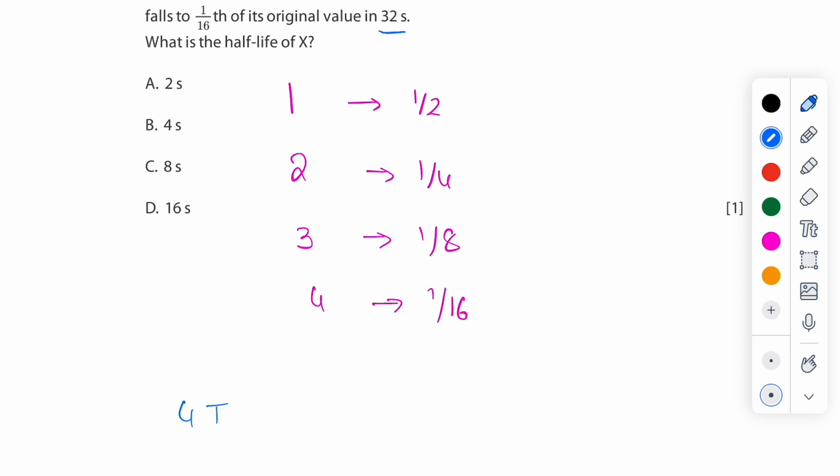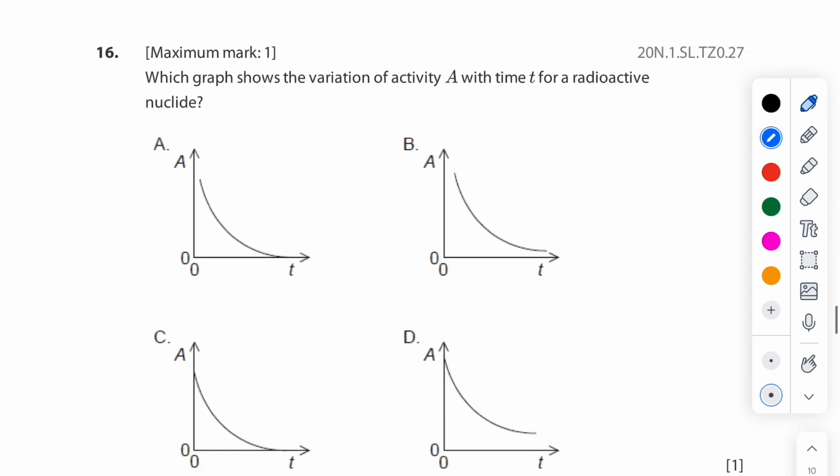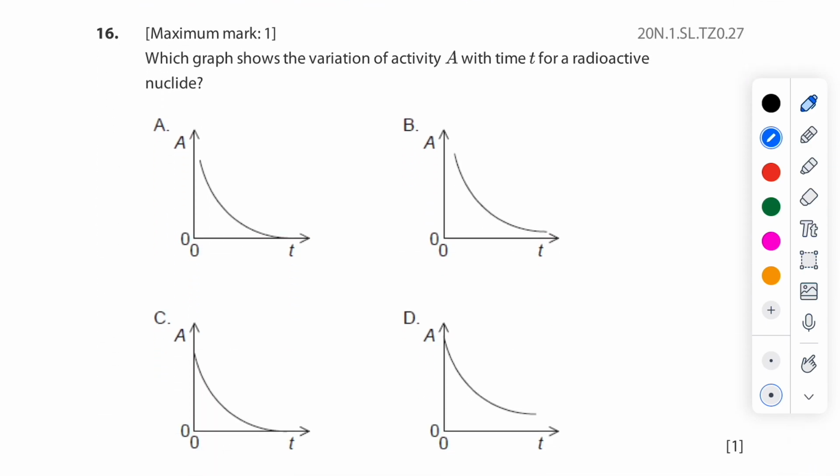So 4 half-lives equals 32 seconds, so 1 half-life equals 32 upon 4, which is 8 seconds. It has done 4 half-lives in 32 seconds, so 1 half-life will be equal to 8 seconds. So which option is that? Option C is going to be the answer. Now question number 16.